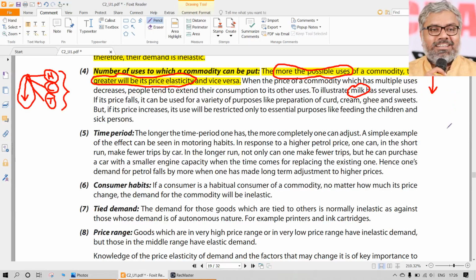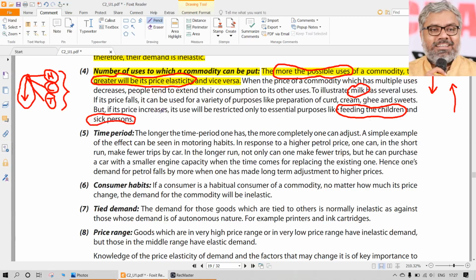Imagine the price of milk has increased too much. Then people will stop using that product for other purposes. They will restrict it, maybe only for feeding the children, or only to survive: the core purpose of chai, coffee, and some milk for children, or maybe for sick persons.